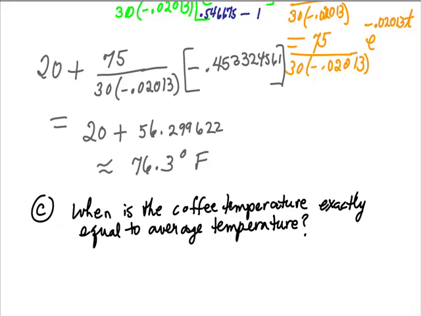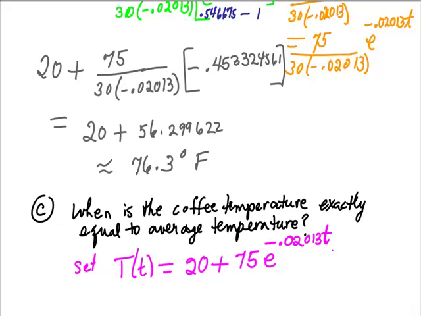Okay, so now we're going to set T of t, which is 20 plus 75 e to the negative 0.02013t, we're going to set that equal to 76.3. And we want to solve for t.